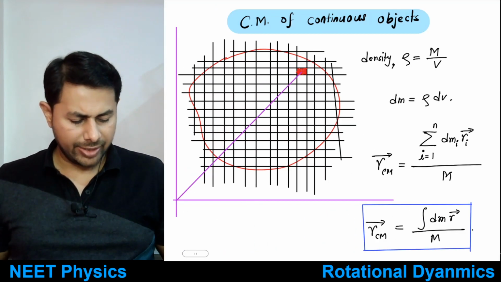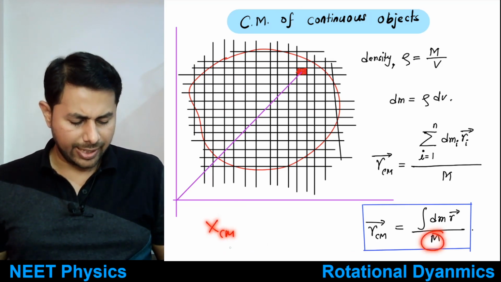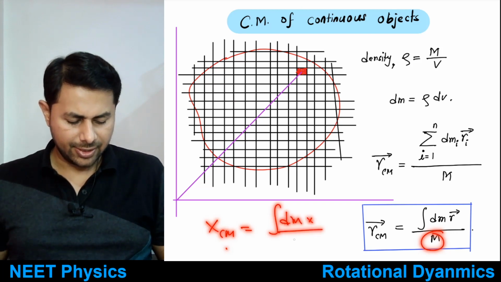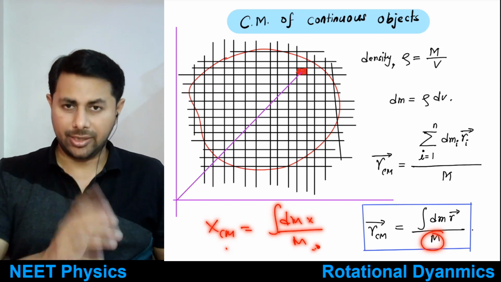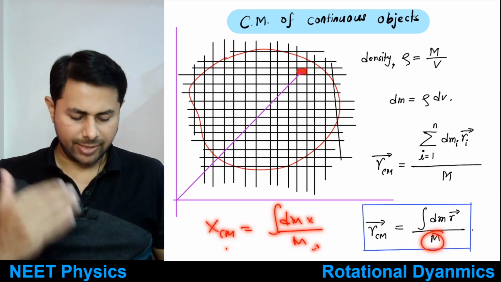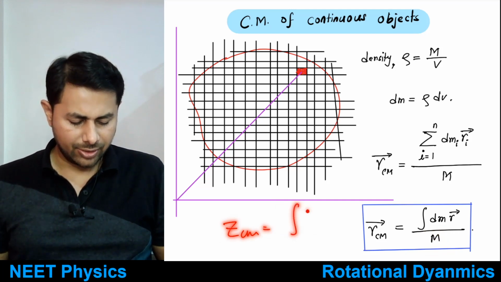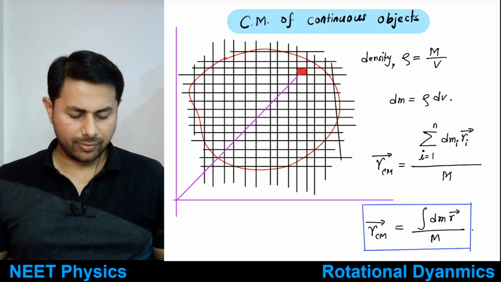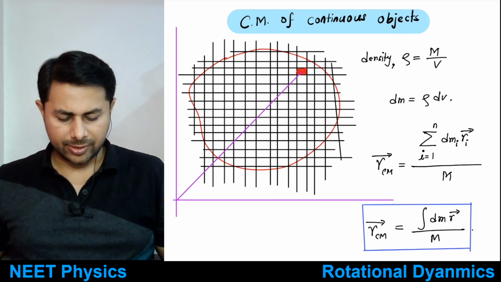Then the x coordinate would be the integration of dm times x by m, the y coordinate would be the integration of dm times y by m, and the z coordinate would be the integration of dm times z divided by the mass of the body, right? So that's how we find the center of mass.